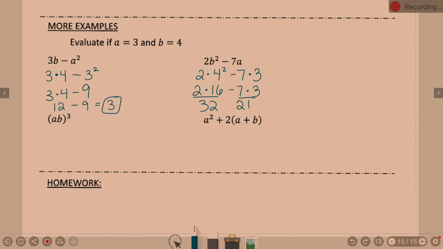Now, what should still be between the 32 and 21? Subtraction. At this point, Aunt Sally says to add and subtract, but we're down to one step. 32 minus 21 is 11.